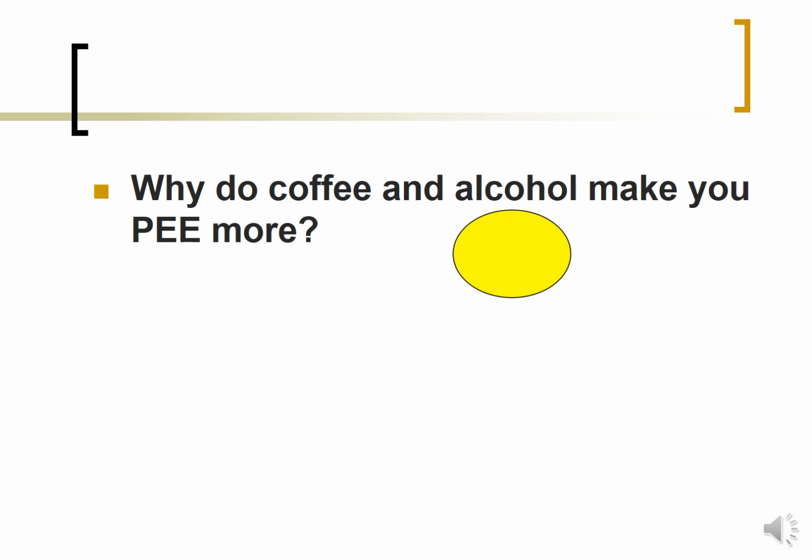So a good way to remember ADH is a damn hangover. When you drink alcohol, it inhibits ADH release. You release a larger volume of urine. It leaves you dehydrated, which contributes to a hangover.